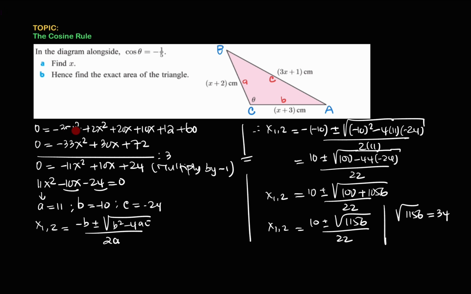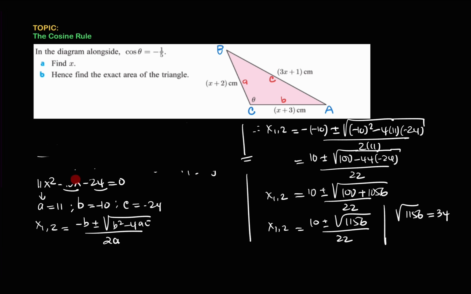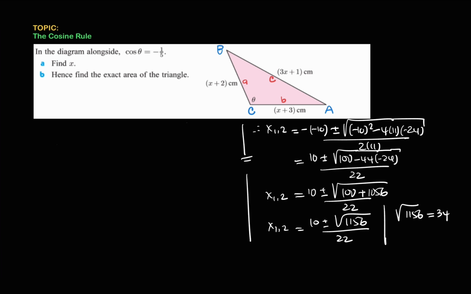So we can find the final answer for the value of x: x1,2 equals 10 plus or minus 34 divided by 22. First we find x1: 10 plus 34 divided by 22 is 2.